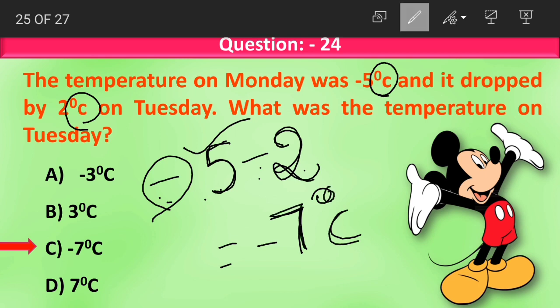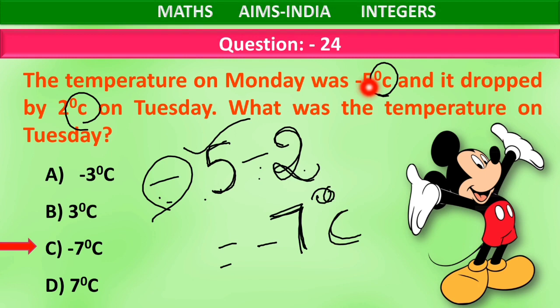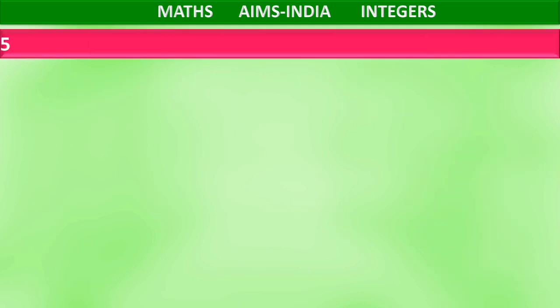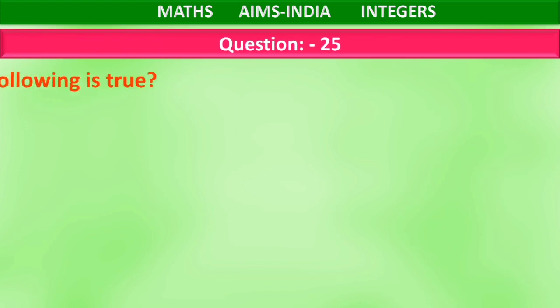The answer will be -7 degrees Celsius. Just like if the question was 5 kilometers and 2 kilometers, you would have written 7 kilometers. In the same way, in the question we are having the numbers in Celsius form, so the answer should also be in Celsius form.